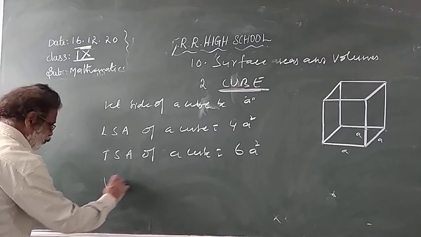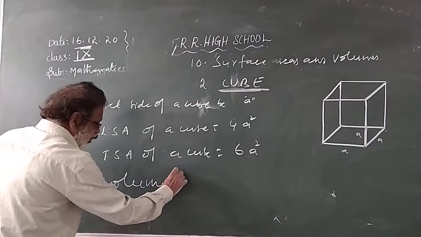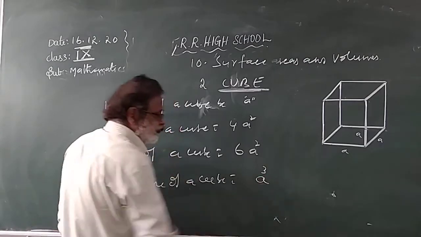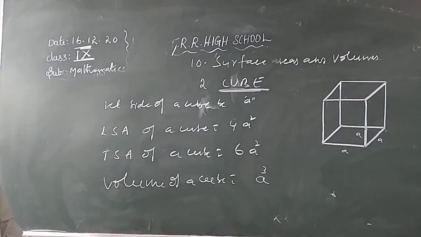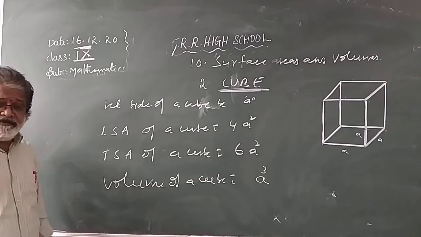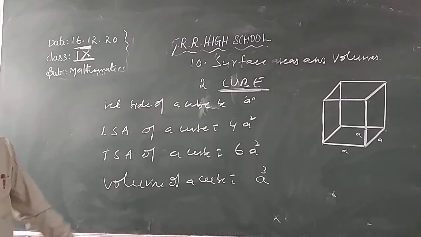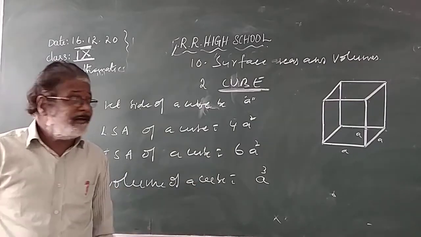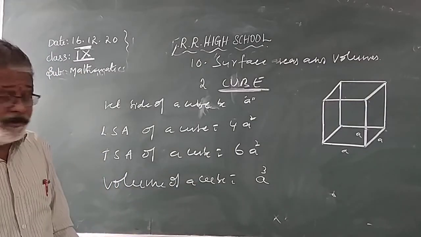Volume of a cube is equal to A cube. So the LSA of a cube is 4A square, TSA is 6A square, and volume is A cube.